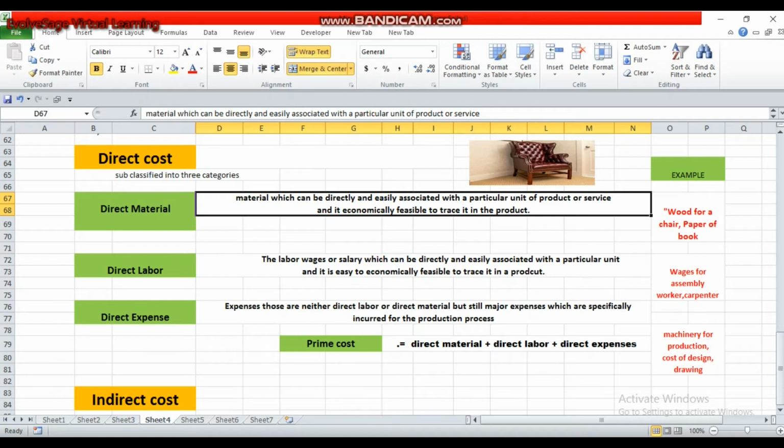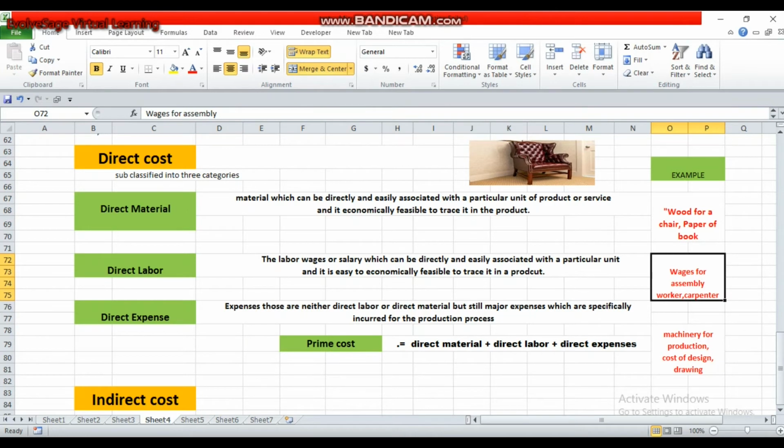For example, if we paid wages to assembly workers, that labor cost will be called direct labor cost. Why? Because assembly workers are directly involved in the production process. In the same way, if we paid salaries or wages to a carpenter, then that cost will be called a direct cost.